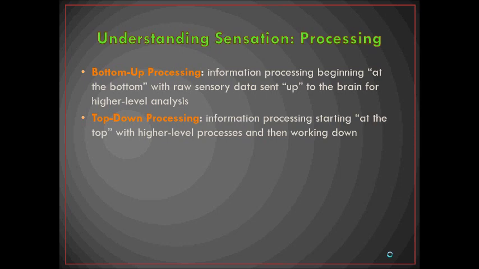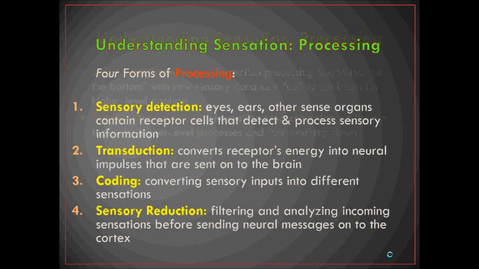Again, just to further clarify the difference between senses and perception, as well as particular processing levels at the sensory level, and then later at the perceptual level. So there are four forms of sensation processing. There's sensory detection, using your eyes, your ears, your other sense organs with their various receptor cells, to detect and process the sensory information, the very basic level of sensory processing, simply detecting it.